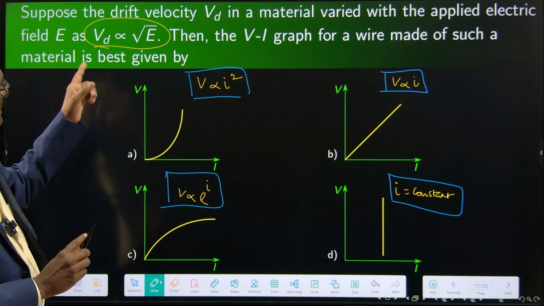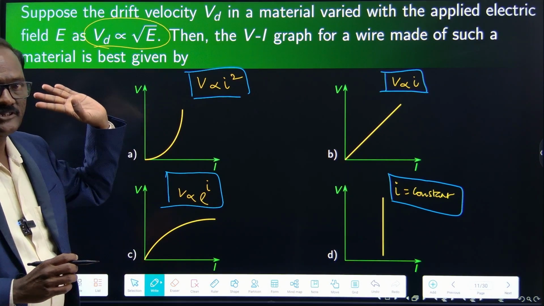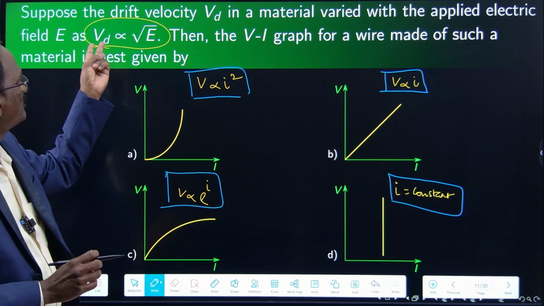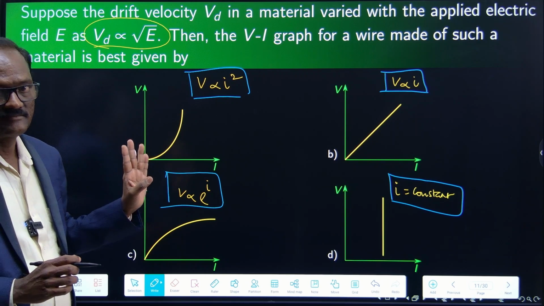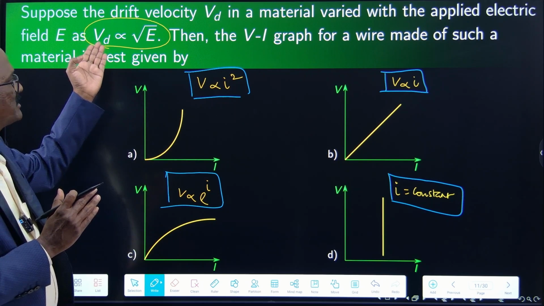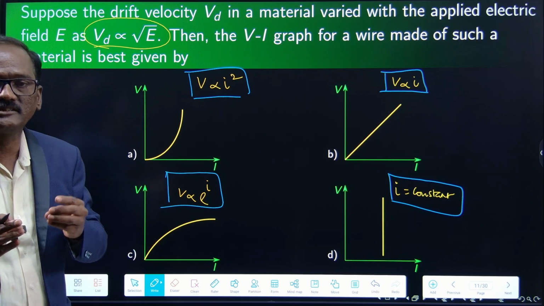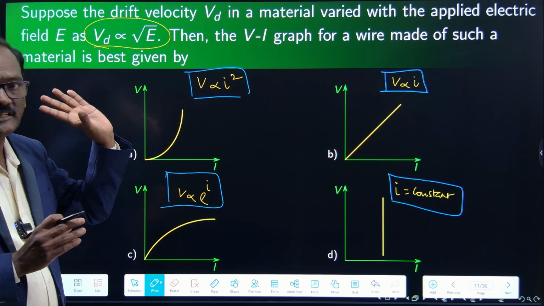But here it is given velocity with respect to E, not between voltage and current. So we have to change the velocity and electric field with voltage and currents. We have to find what relationship velocity is making with voltage or current. Similarly, E with voltage or current. Then we have to replace the voltage and current with the velocity and E.